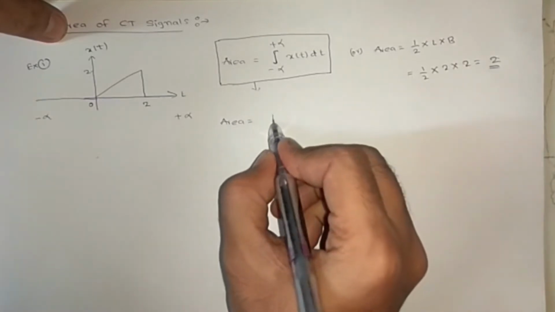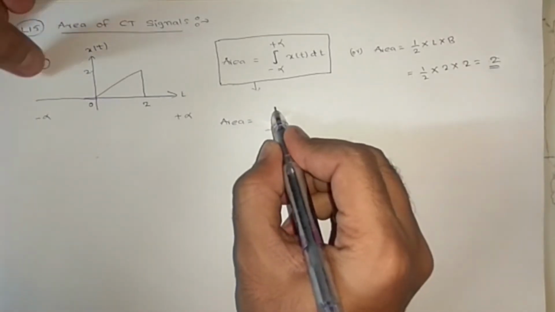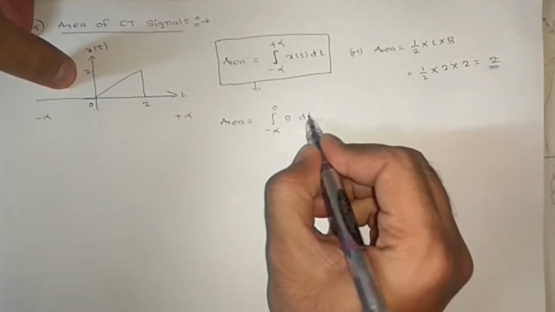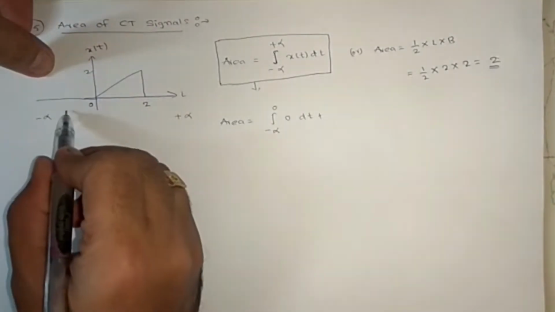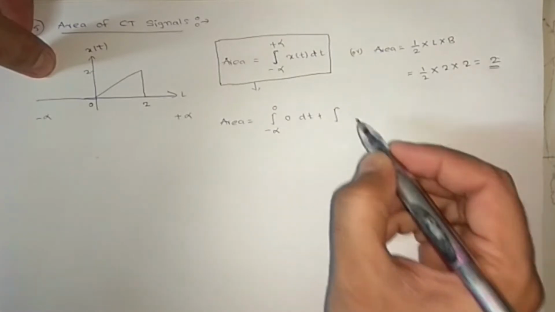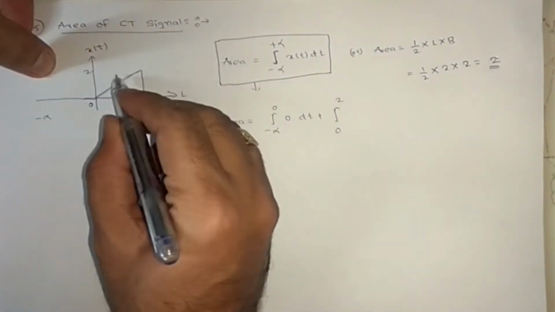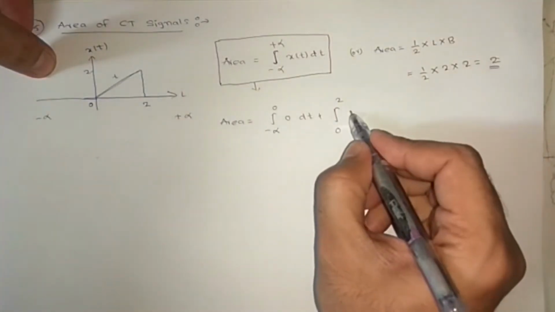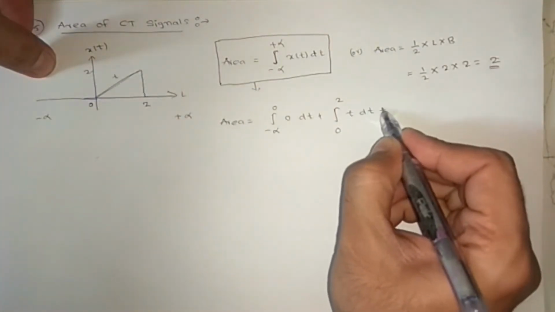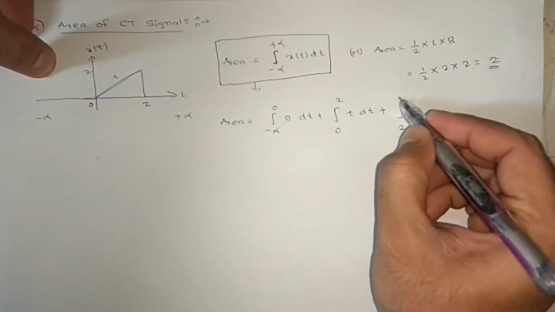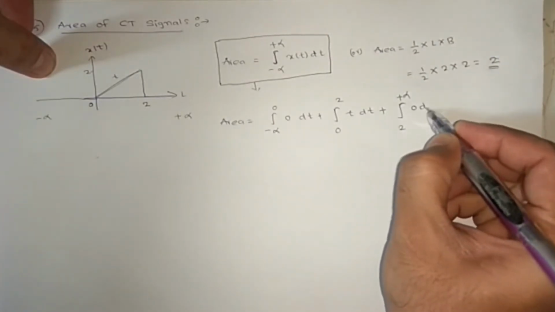Area equals the integral from minus infinity to 0 of 0 dt, plus from 0 to 2 of t dt, plus from 2 to plus infinity of 0 dt.